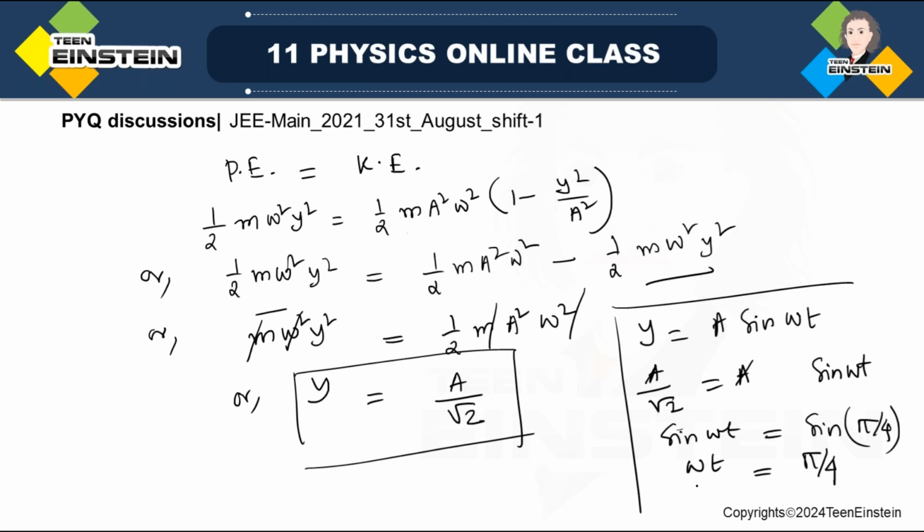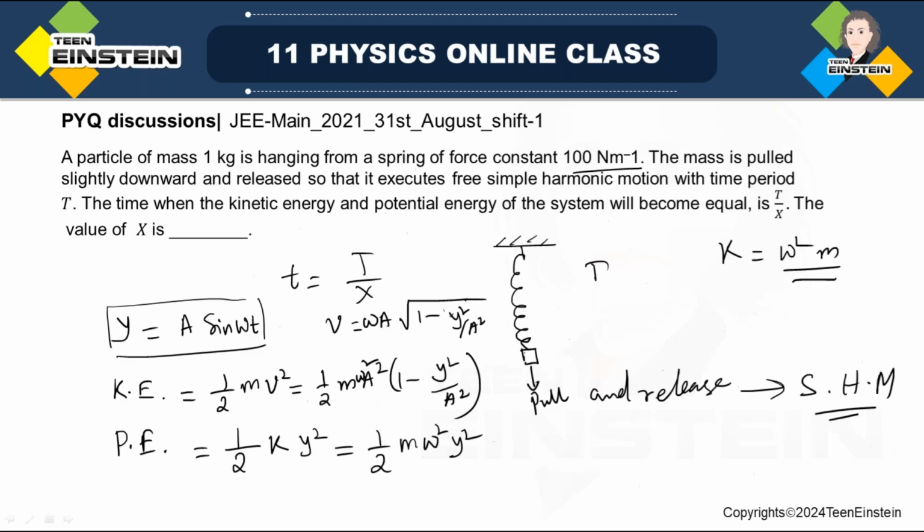So we have got omega into t is equal to pi by 4, right? And this t will be pi divided by 4 into omega.